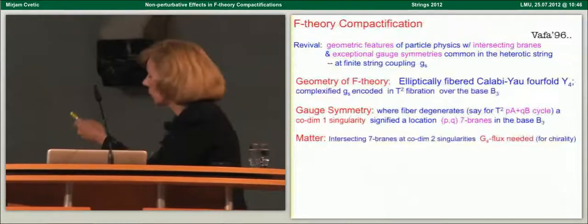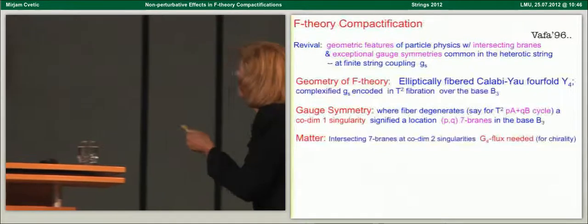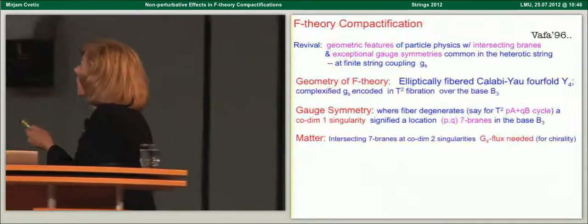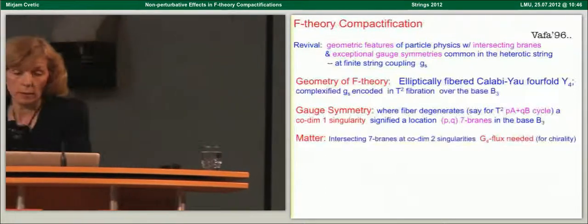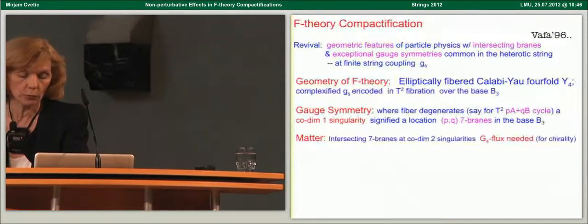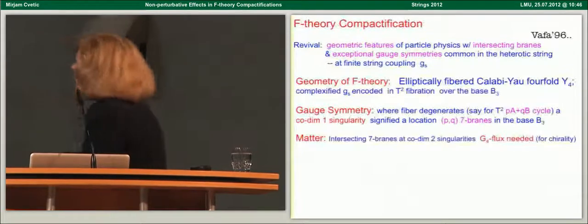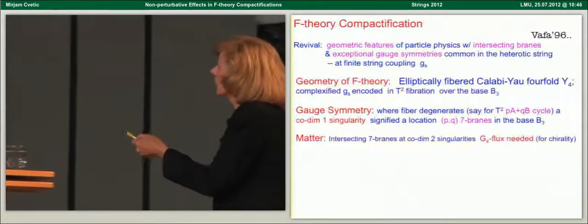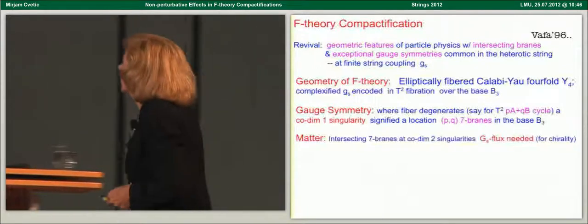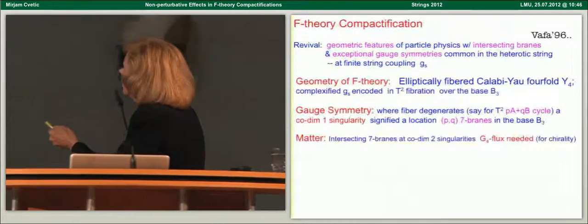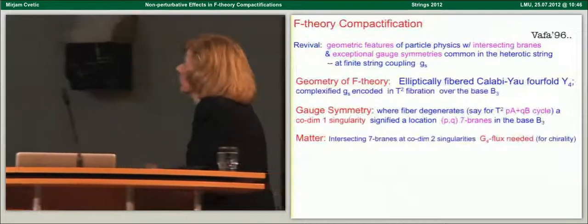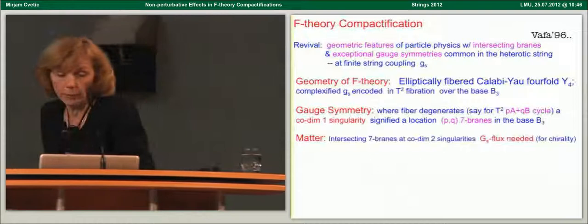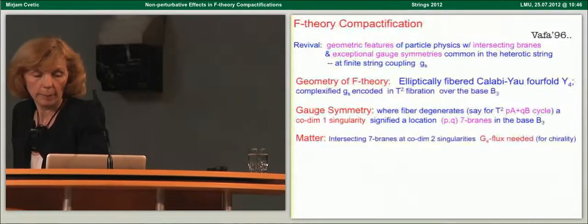So the basic geometry is based on an elliptically fibered Calabi-Yau fourfold, where the complexified string coupling is encoded in a T2 fibration over a three-dimensional base. The gauge symmetries appear where the fiber degenerates at codimension 1 singularities, and the type of singularities that appear are associated with the gauge symmetry that lives on the corresponding 7-branes in the three-dimensional base.